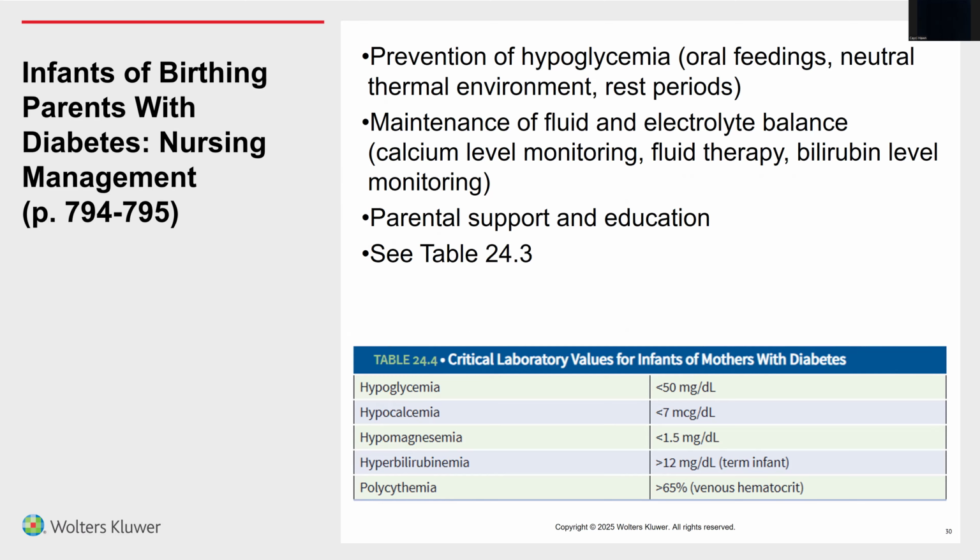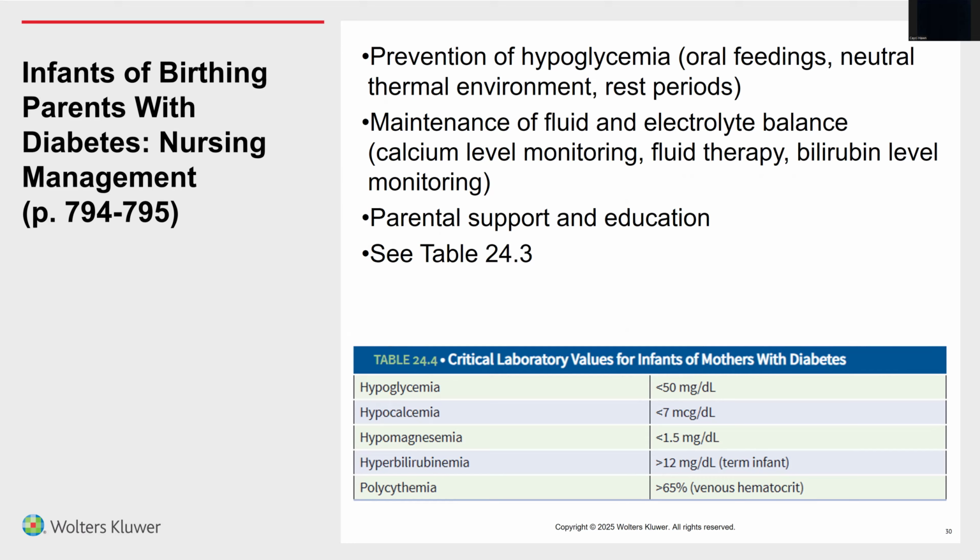Oral dextrose gel can be given in the buccal pouch of the cheek to help combat hypoglycemia. But if their blood sugar level is too low to be able to use that, then an IV glucose infusion will be ordered.